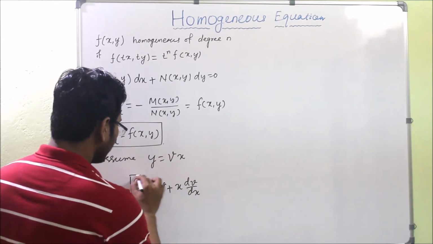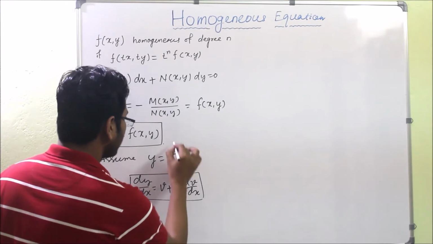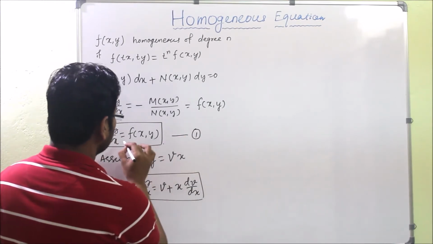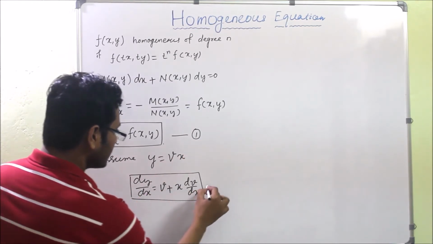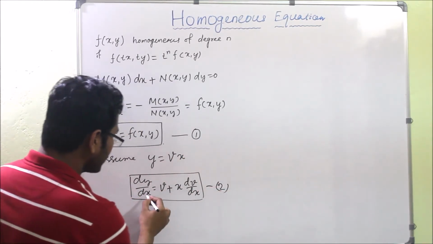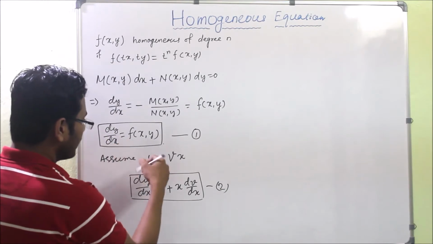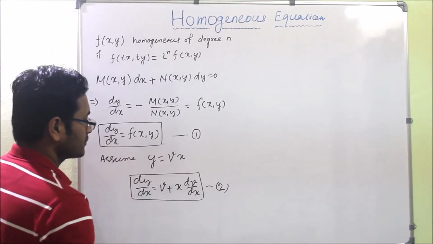This is the chain rule. So if our differential equation is equation 1, then this equation 2, this relation, you have to put here and find the solution.